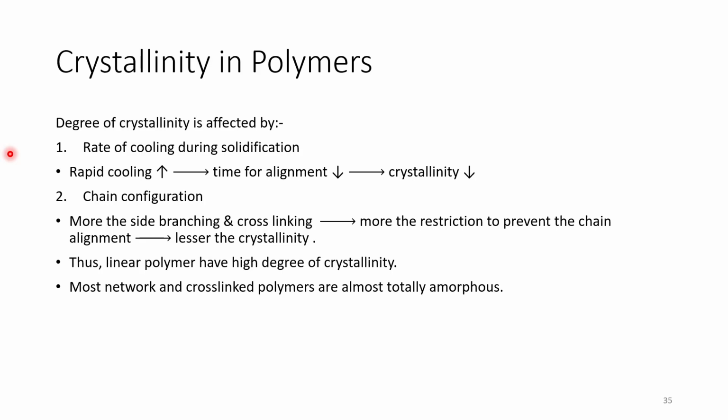More side branching and cross linking will lead to more restriction to prevent chain alignment, which will lead to lesser crystallinity. Thus, linear polymers are more likely to have high degree of crystallinity and higher density, and most network and cross-linked polymers are almost totally amorphous.